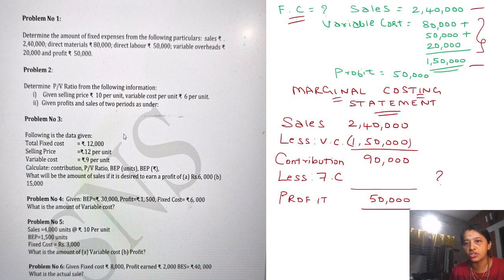So you know the contribution, you know the profit of 50,000, so fixed cost will be the balancing figure. 90 minus 50, fixed cost is 40,000.